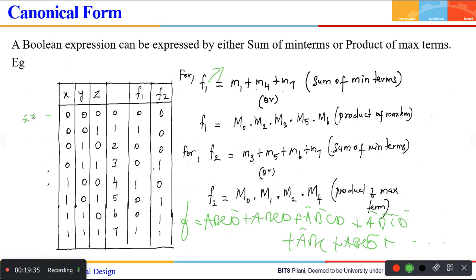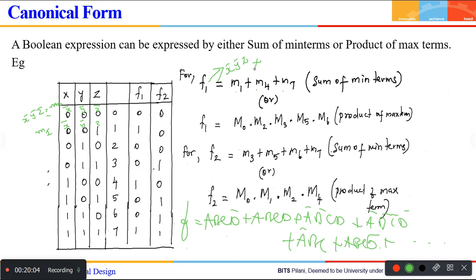x bar y bar z bar is equal to m0, right? And what is this? x bar y bar z. You know how to do this, right? Now this is going to be your m1, which is x bar y bar z. So this is x bar y bar z plus, right?